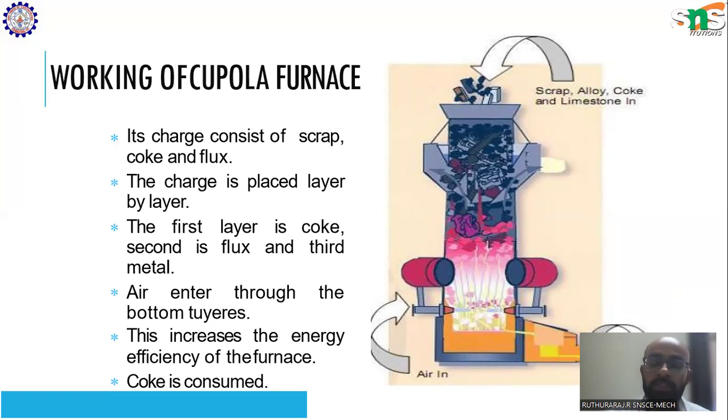Flux combines with the impurities and forms a frothy layer, a foam-like substance which gets deposited on top of the molten metal. Since molten metal has high density, it settles at the bottom and the impurities tend to go upwards. So the impurities can be removed as slag and the molten metal can be removed from the bottom.